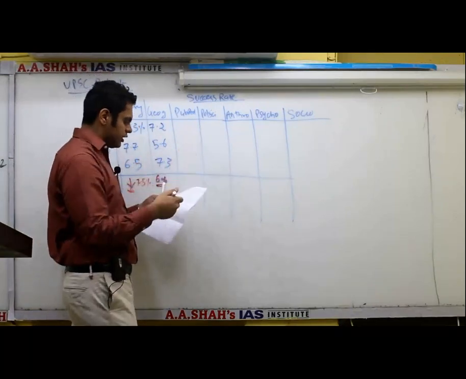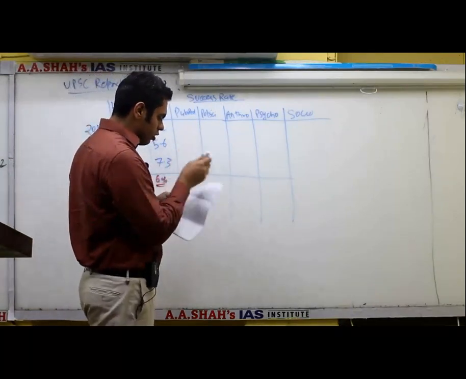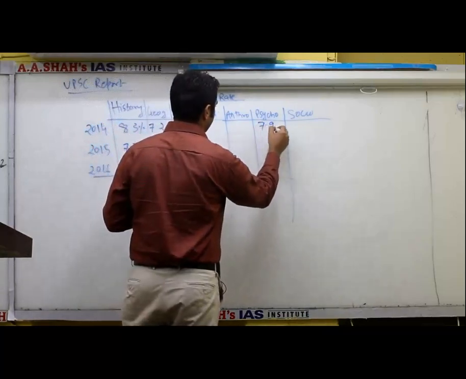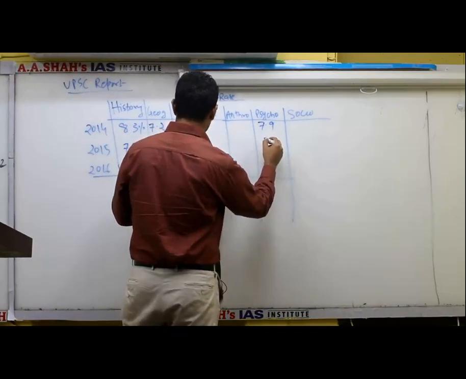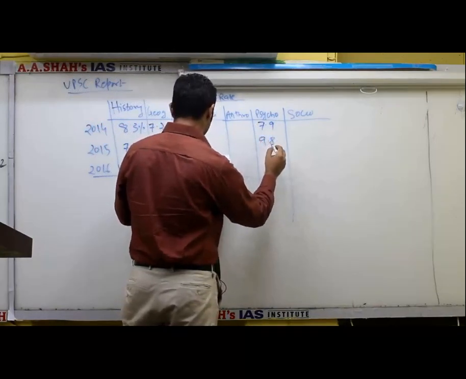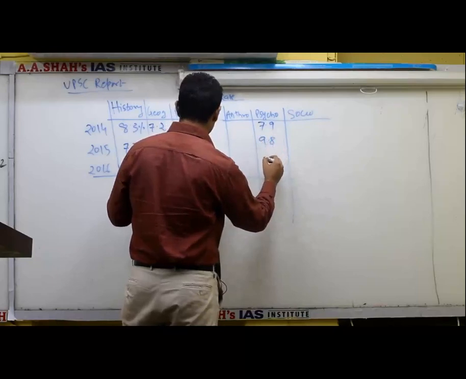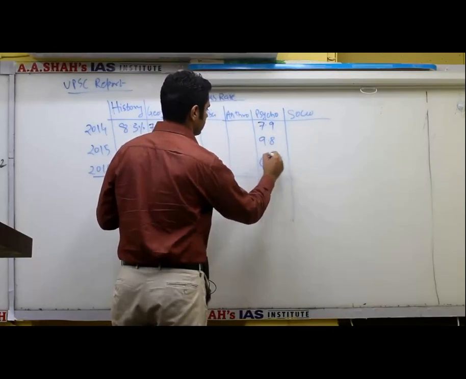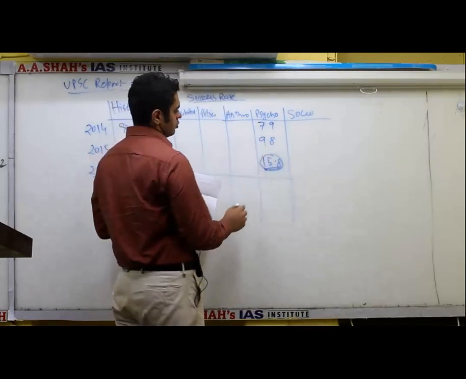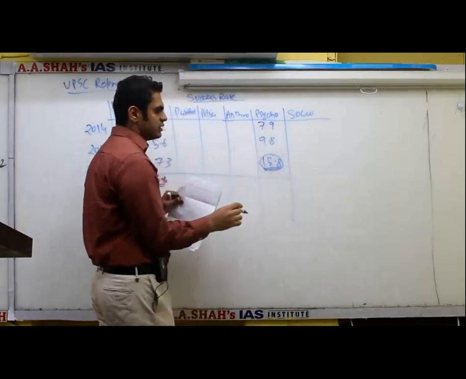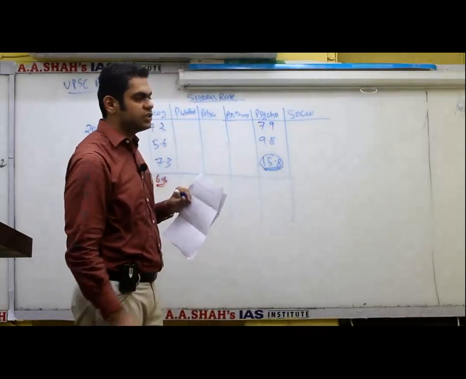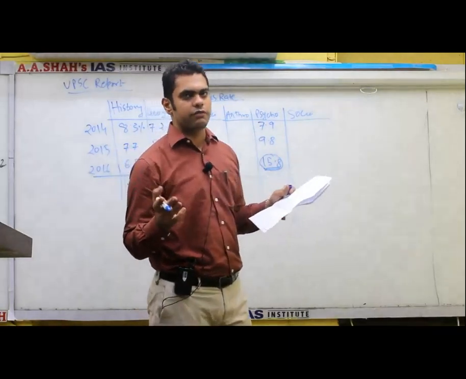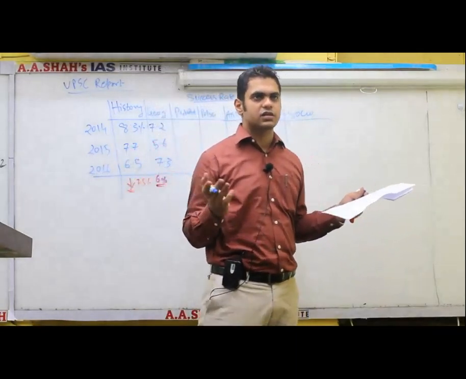Then we talk about psychology. Psychology has a success rate of 7.9% in 2014, 9.8% in 2015, and 15.8% in 2016. This was very high, so this is an aberration here. So basically we can see the success rates for psychology are varying. They are not uniform. If you have a good year, if you are lucky enough, maybe 15% result in psychology.